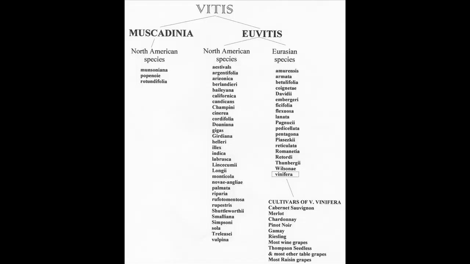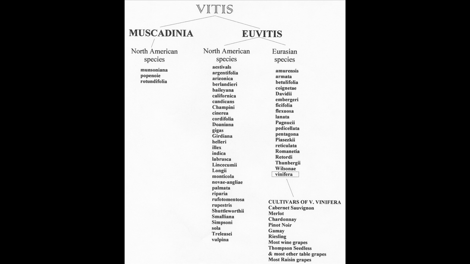So, encapsulating what we've learned thus far, there's one genus, Vitis, two subgenera, Vitis, the true grapes, and Muscadinia, which are only located in the United States of America, North America. Perhaps 100 species of grapes all across the northern hemisphere.